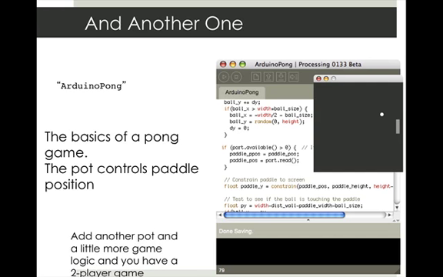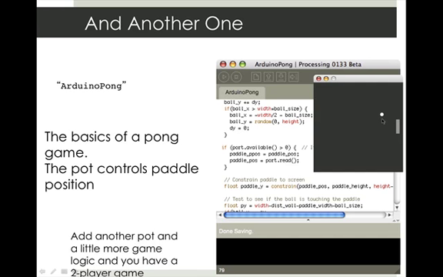Here again we have a randomly moving ball, and the pot is used to determine the position of this paddle. As you can see, by changing the value of the pot, you can make the slider move from anywhere from this point to this point.